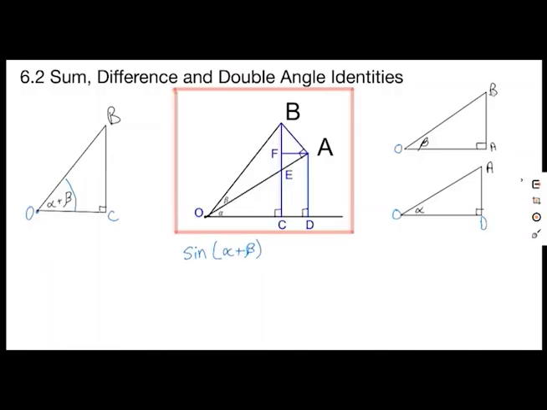So the first thing that we do is split that triangle up into two right angle triangles. And it's really important that they're right angle triangles. So this line that I just drew, line OA, has to extend far enough so that the triangle OAB is a right triangle.